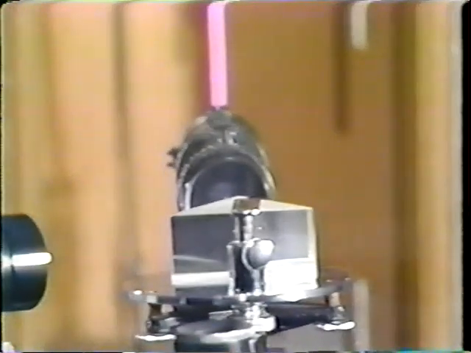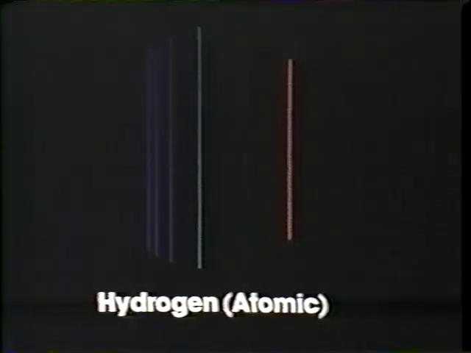We see a distinctive pattern of three colors: a shade of violet, a shade of blue, and a shade of red. That's the spectrum of hydrogen, and it turns out that no other element in the universe has that same distinctive pattern.